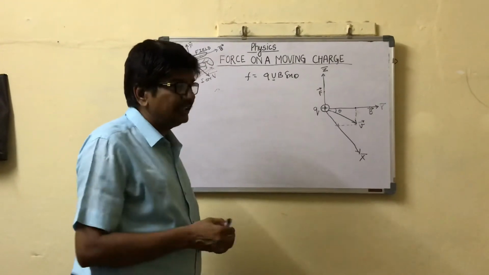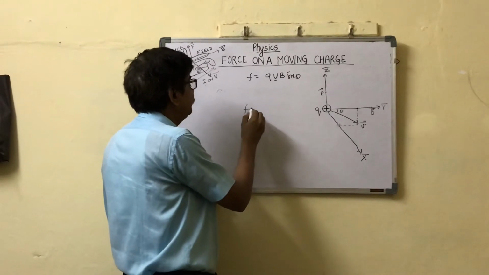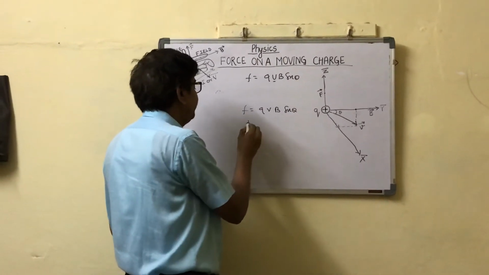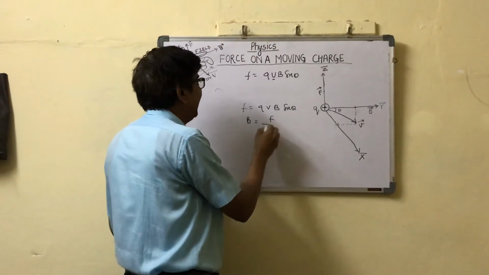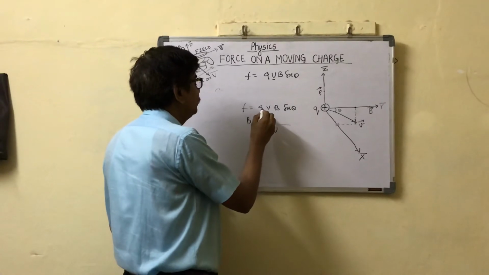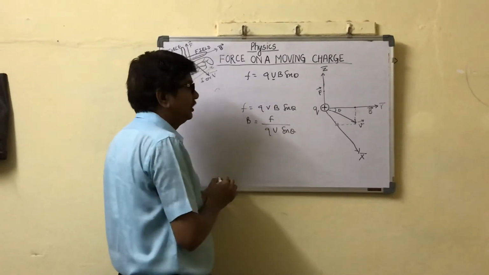Now the question is, what is the unit of B? F is equal to QVB sin theta, so B is equal to F upon QV sin theta.